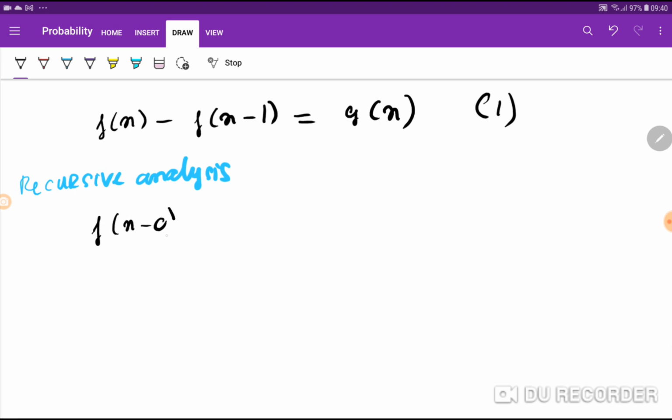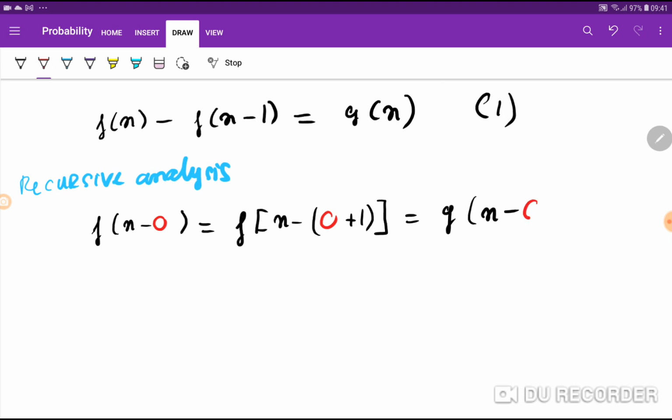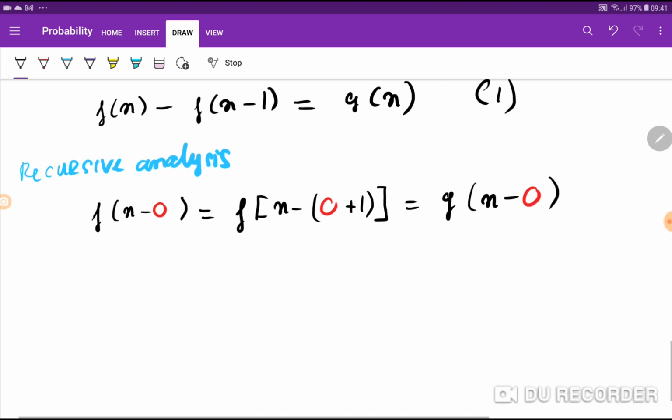f_(n-0), I'm going to write this in red, minus f_(n-0-1) equals g_(n-0). All right, so now I'm going to keep going.